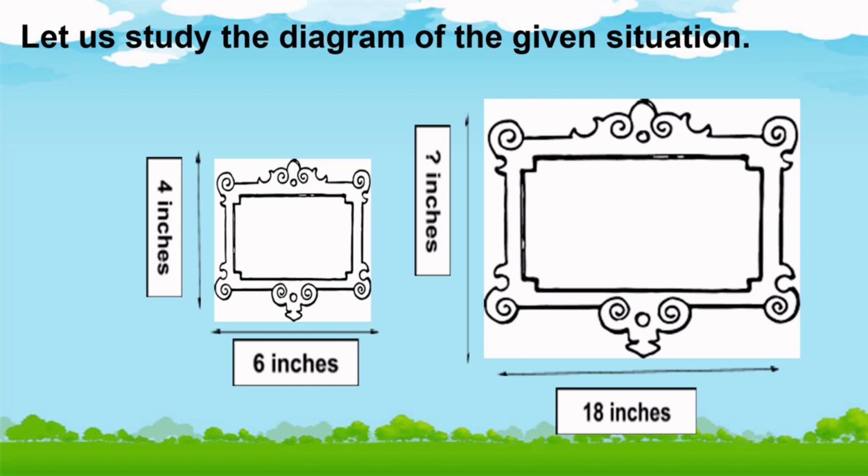Look at the original picture frame. What is its length? 6 inches. Very good. How about the width? 4 inches. Very good. Now, what is the ratio of length to width? 6:4.